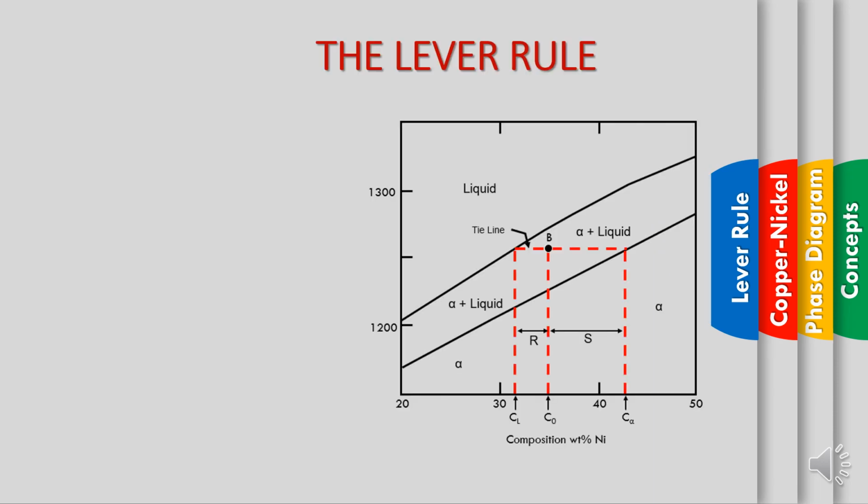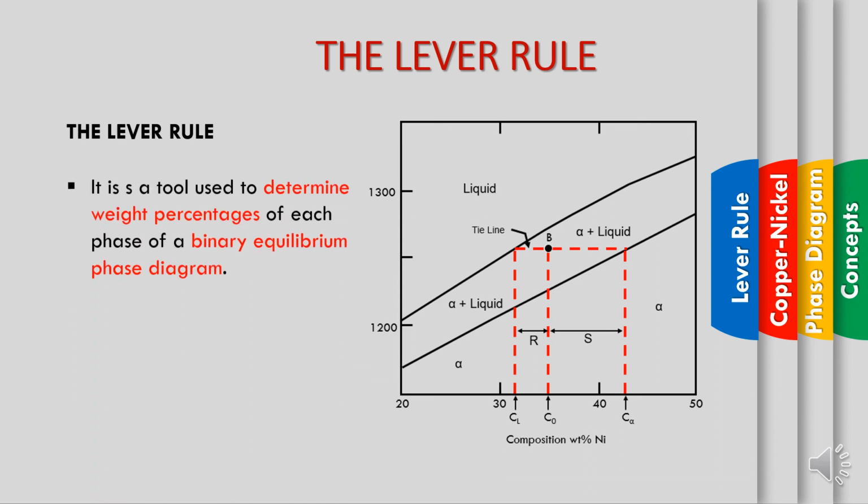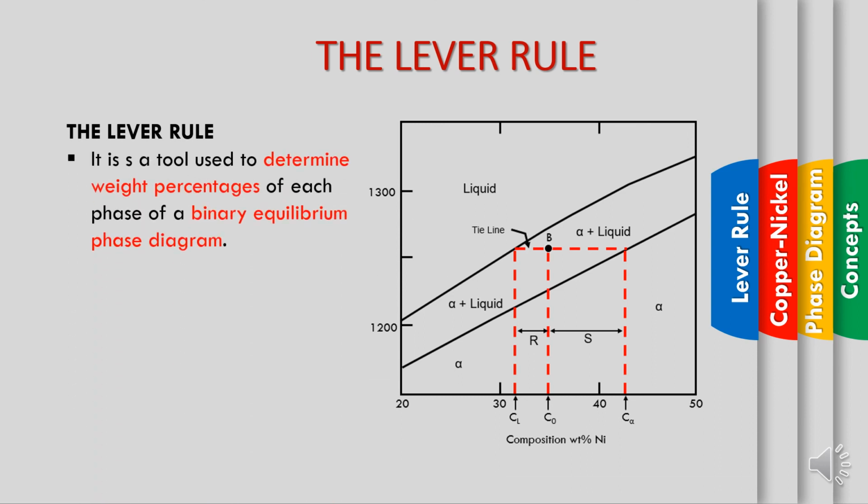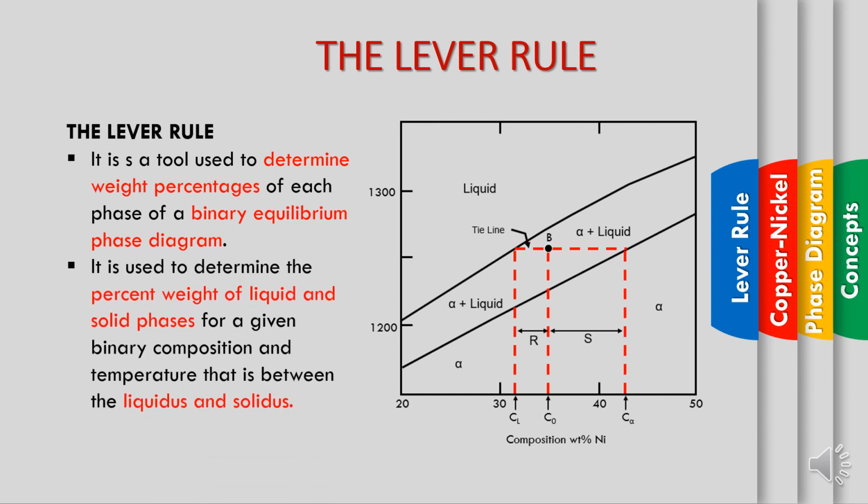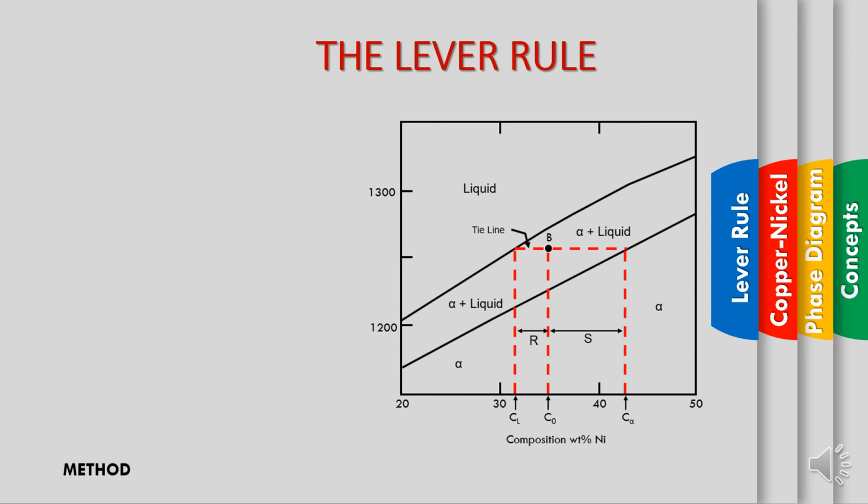And for the lever rule, basically the lever rule is a tool used to determine the weight percentage of each phase of a binary equilibrium phase diagram. It is used to determine the percent weight of the liquid and solid phase for a given binary composition and temperature that is between the liquidus and solidus.